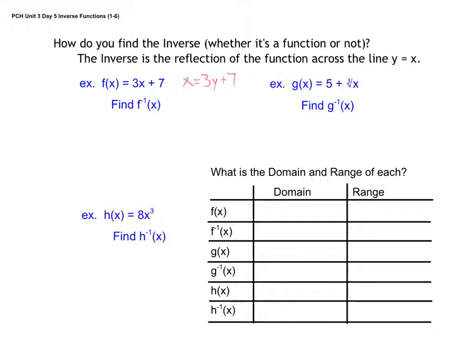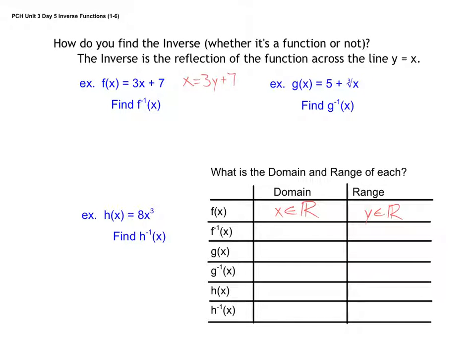Now, real quickly, we're going to fill this in as we go. What is the domain of our f of x here? X is all real numbers. And what's the range then? All real numbers. So y is an element of the real numbers as well.